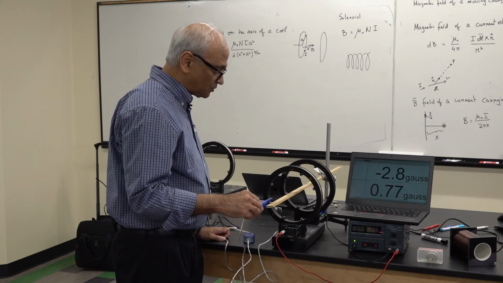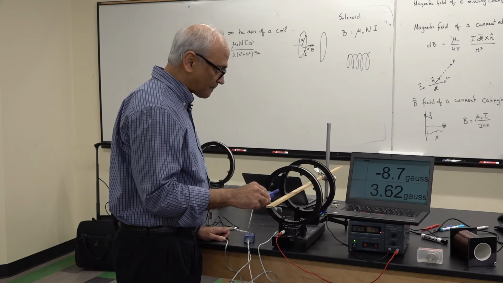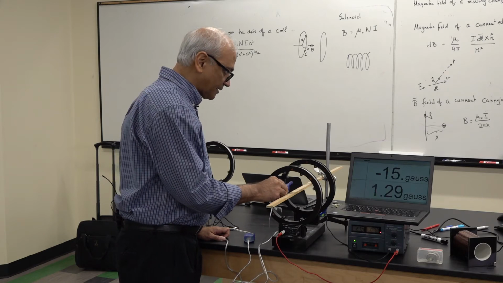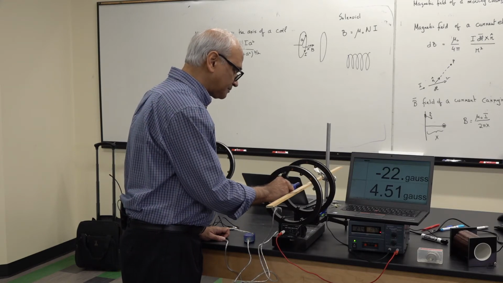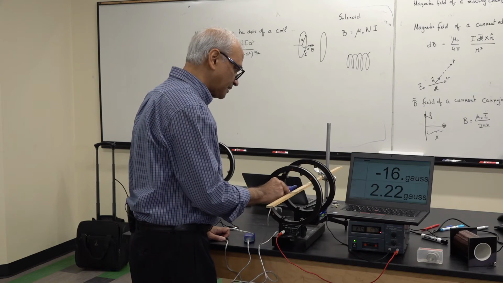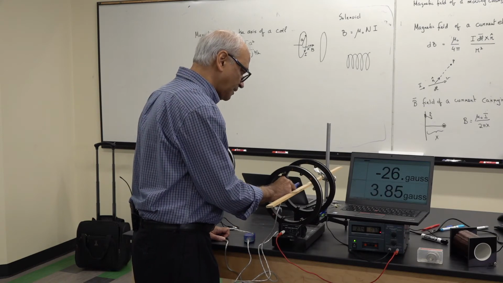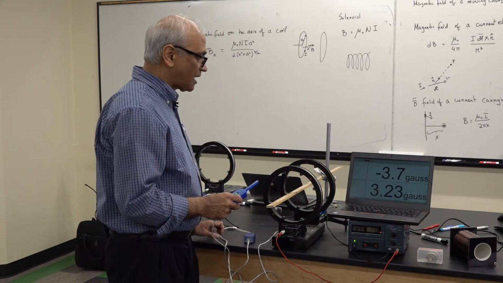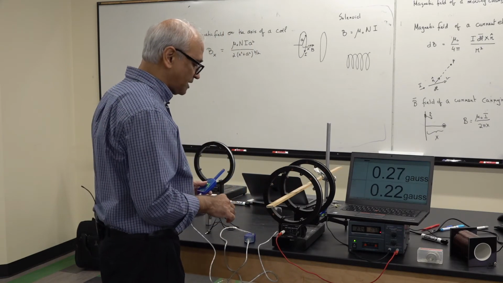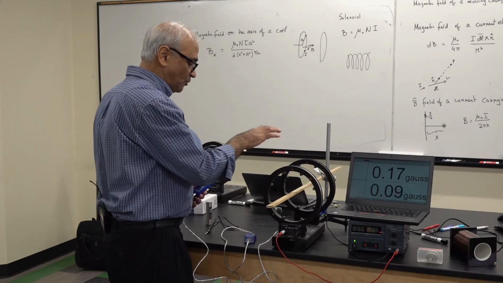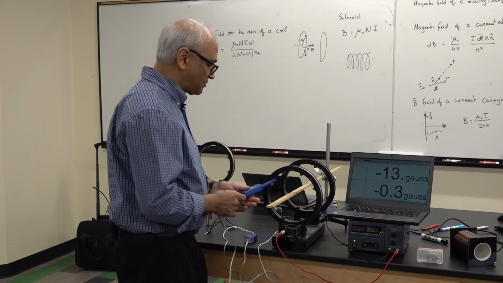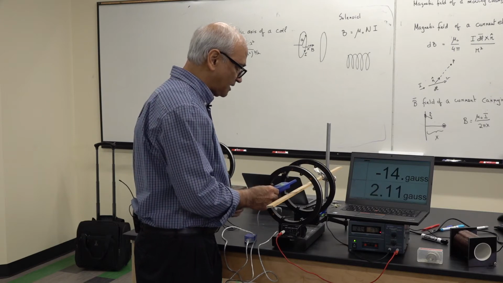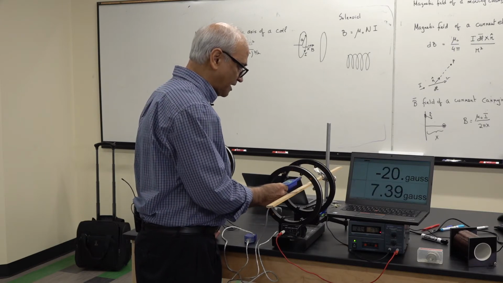But what I want to see, all right, so what I'm more concerned about is that they both should have the same direction. So once I come over here, it does drop a little bit, but then it comes back up again.